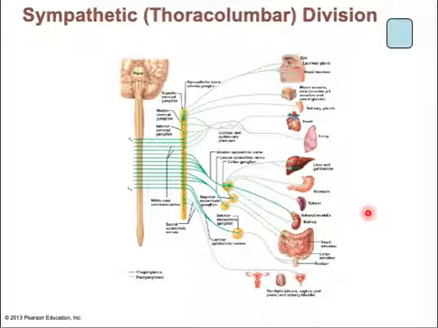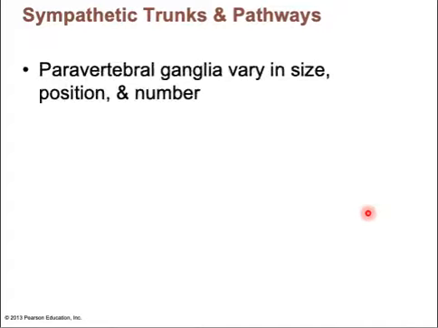That's what they're for. And then there's usually a synapsing that goes on either in the paravertebral ganglia or in an intramural ganglia a bit closer to the target, okay? Remember that the neurotransmitter used by the preganglionic is acetylcholine, and the postganglionic is generally epinephrine or norepinephrine.